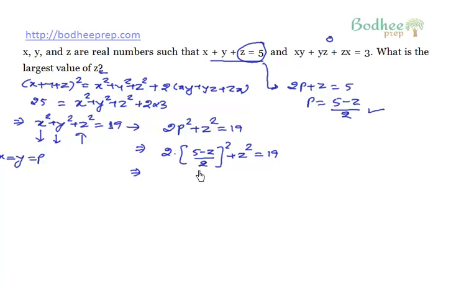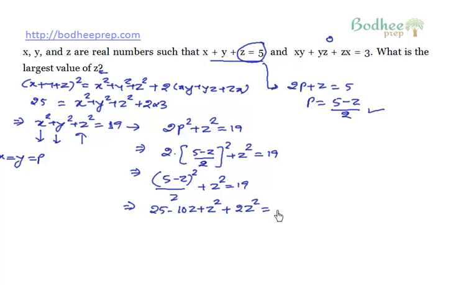Again opening this, I'll be getting 5 minus z whole square by 2 plus z square is equal to 19. So it's going to be a quadratic equation. Rearranging that, we'll get 25 minus 10z plus z square plus 2 times of z square is equal to 38.